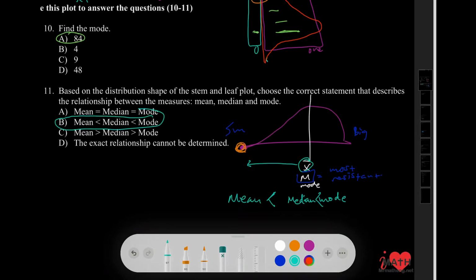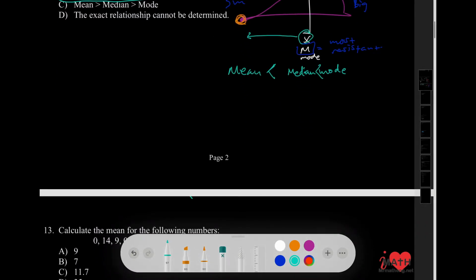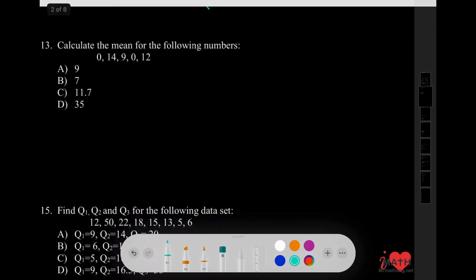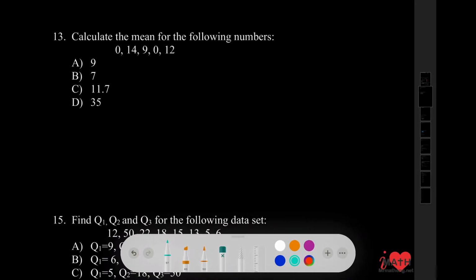All right, let's go on to the next one. Calculate the mean for the following data points. Remember, mean is just another word for average, and we use this symbol here, x bar, and it's the summation of your values added together divided by n.